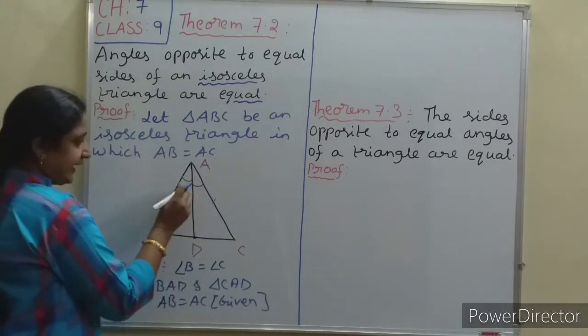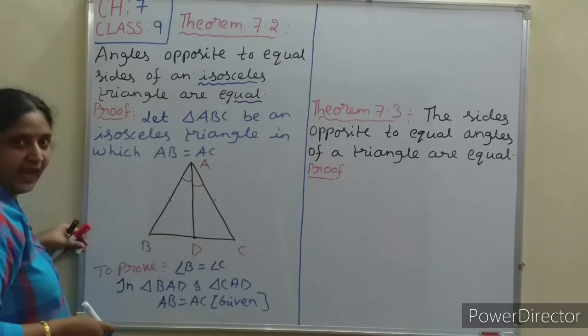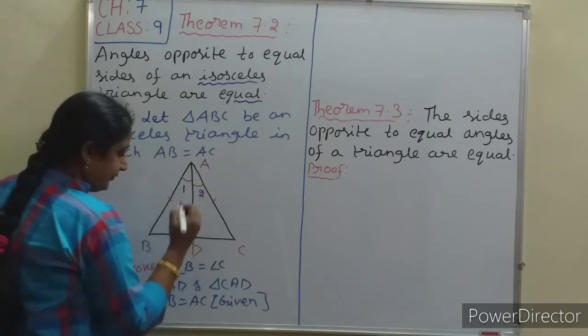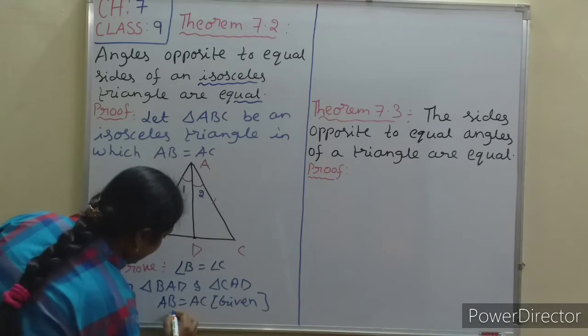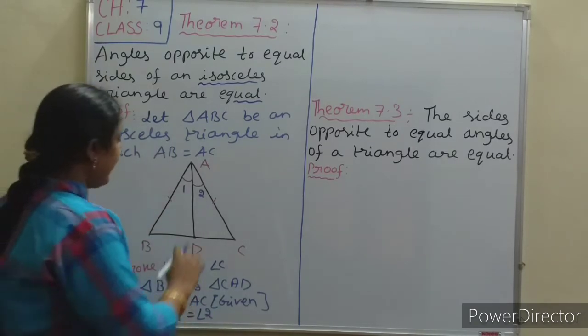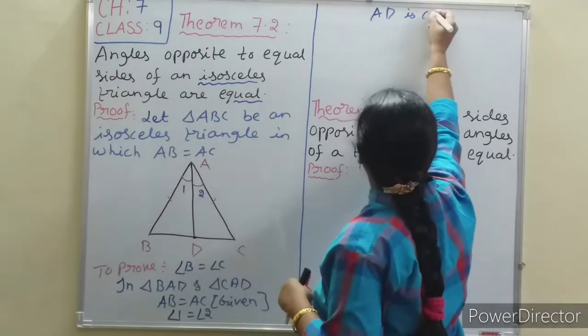And we have taken this angle equals this angle because we have drawn the bisector of the angle. Here I am taking angles 1 and 2, so angle 1 equals angle 2. And AD is common, right? AD is common.